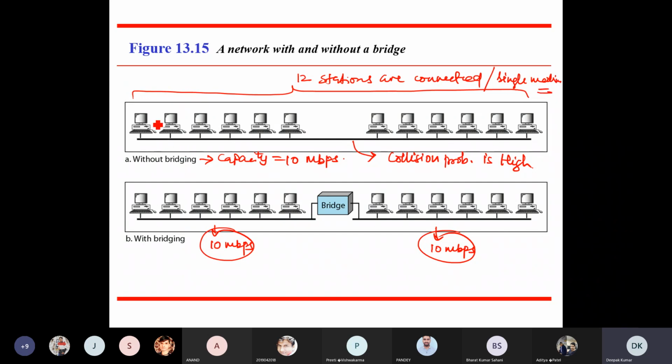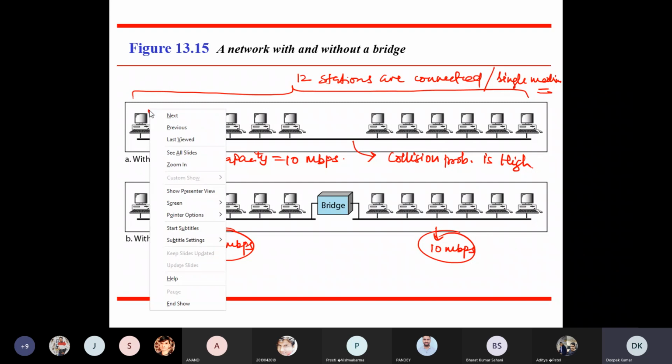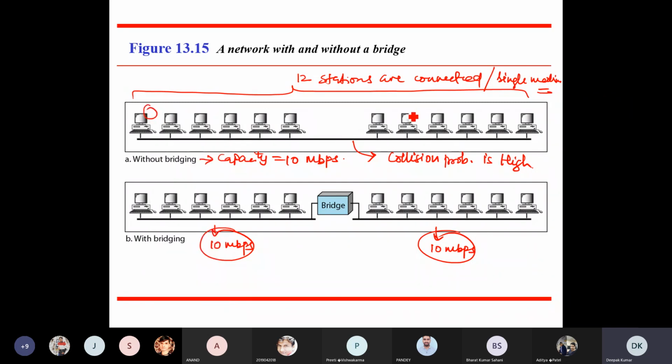If node 1 and node 12 communicate with each other, it means the medium will be busy at that time.